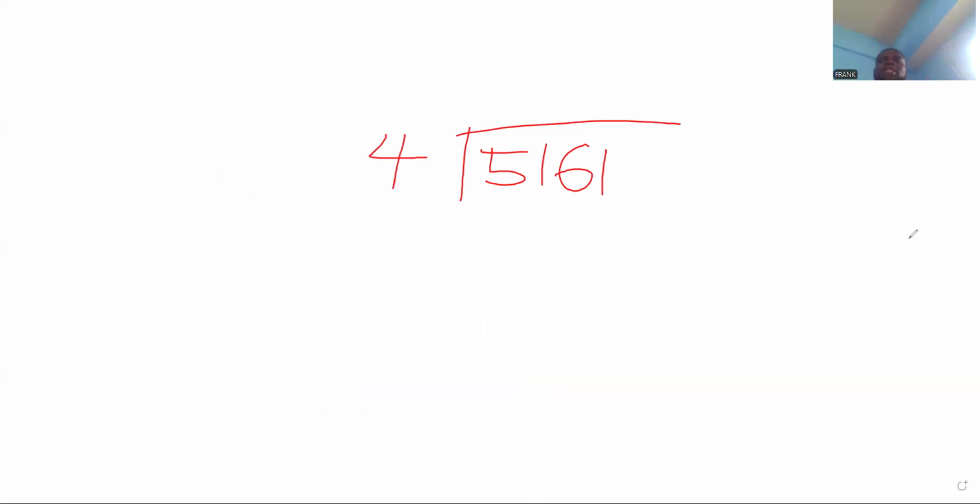So I have 5161 divided by 4. Understand that every number has a decimal point, and the numbers whose decimal points we do not write have their decimal points behind the last digit.